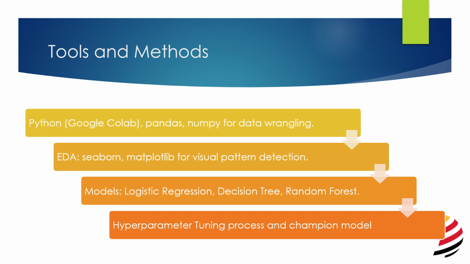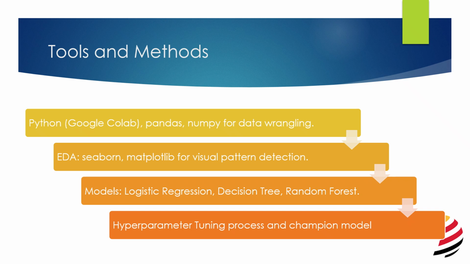Next, let's look at the tools and the methods I used in the project. The analysis was conducted using Python on Google Colab. For data wrangling, pandas and NumPy were used. Visualization was done via Seaborn and Matplotlib during EDA.